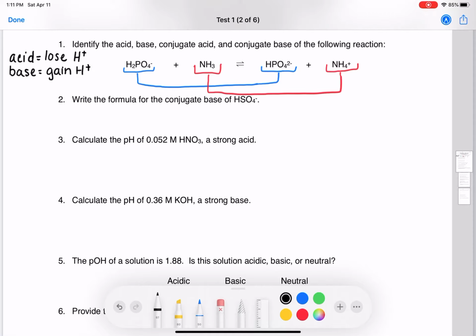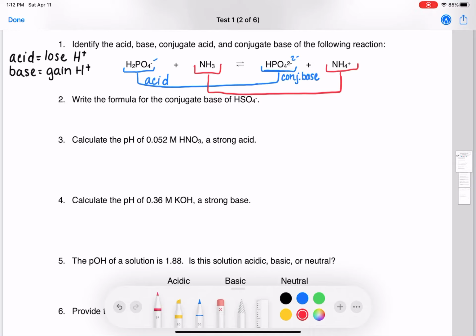So the base will add a hydrogen and the base's charge will go up by +1. So when we look at H2PO4- turning into HPO4 2-, we can see that it has lost a hydrogen, which makes it an acid, and its charge has also dropped from negative to 2 negatives. The charge has gone down. So that makes H2PO4 the acid. And the acid always turns into what we define as the conjugate base.